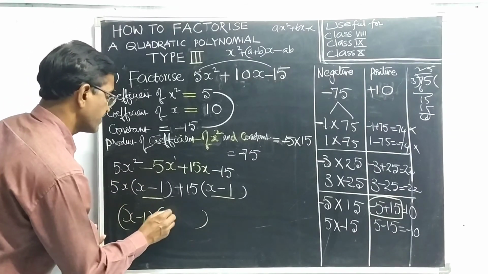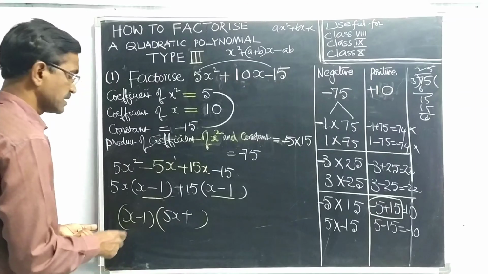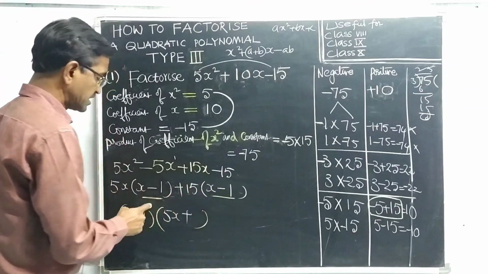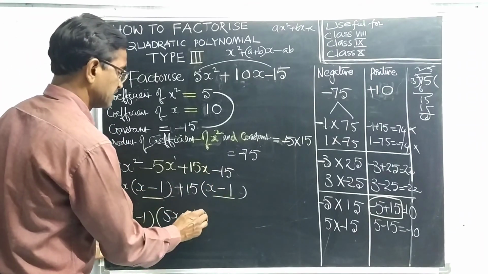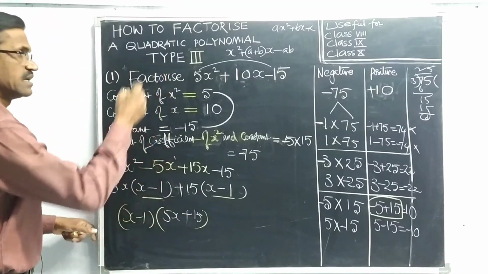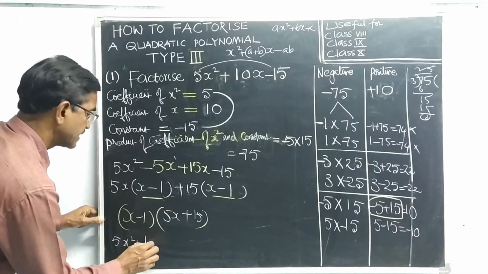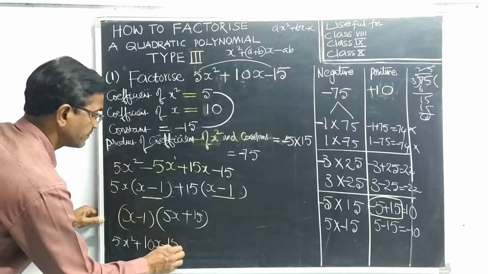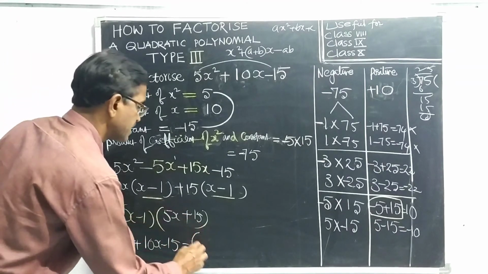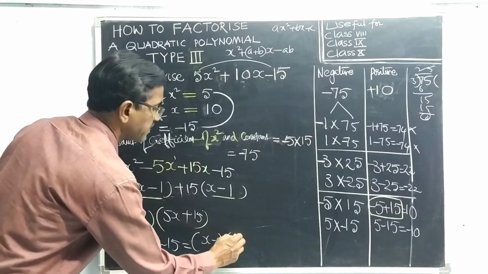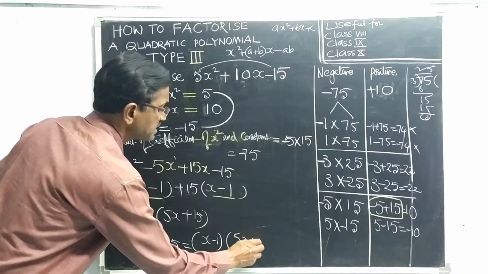Plus 15 into x minus 1 by x minus 1, we get 15. So the factors of 5x square plus 10x minus 15 are x minus 1 into 5x plus 15.